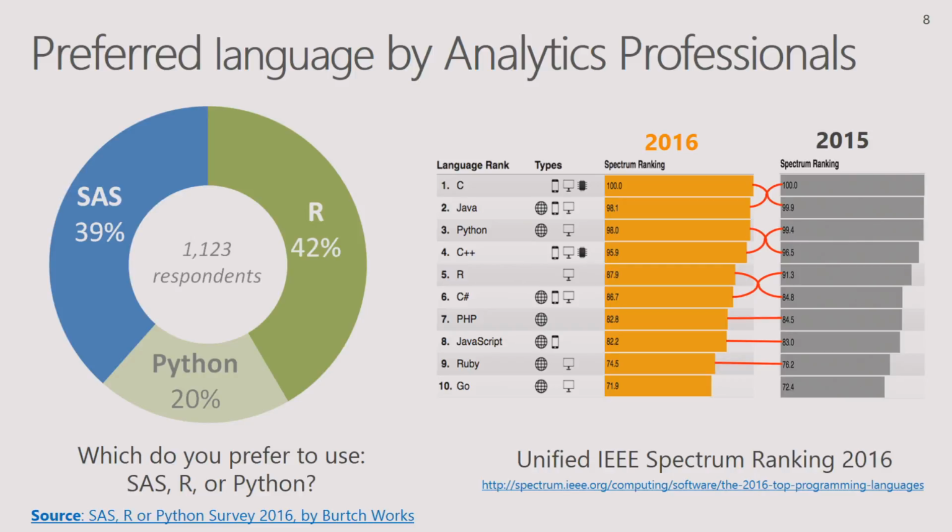And in the IEEE Spectrum rankings also, over the last few years, it's been getting more popularity in terms of its ranking. I think the last couple of years it has been within the top 10, and as of 2016, it is already within the top 5. So it's moving upwards every year that you see these rankings come out.